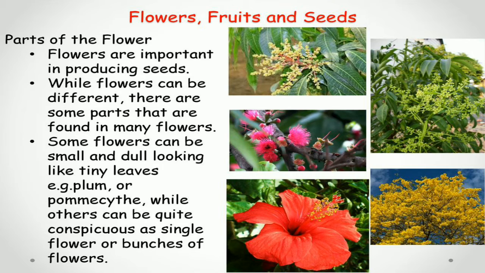Some flowers can be small and dull, looking like tiny leaves, for example plum, while others can be quite conspicuous, as single flowers or bunches of flowers. So the parts of flowers are important in the production of seeds and fruits.